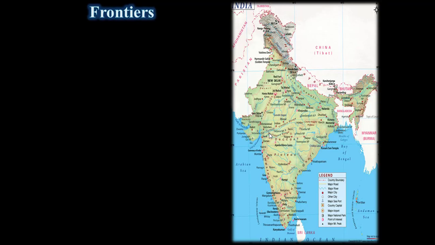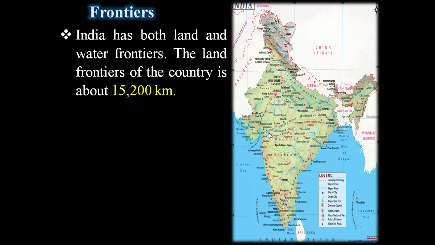As we are going to get the information about the frontiers of India, India has both land and water frontiers. The land frontier of the country is about 15,200 kilometers.